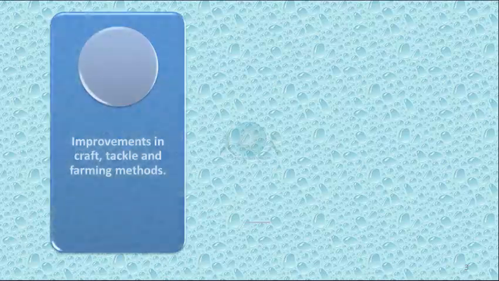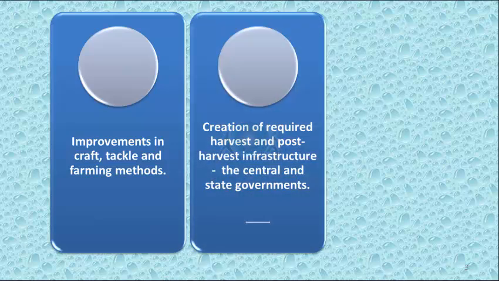Now the fishing industry in India, all said and done, still has large economic benefits and potential. During the past decades, Indian fisheries and aquaculture have witnessed improvements in craft, tackle, and farming methods. Creation of required harvest and post-harvest infrastructure has been receiving due attention from the state governments.